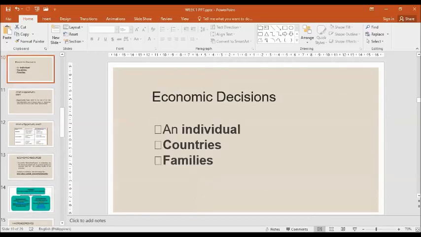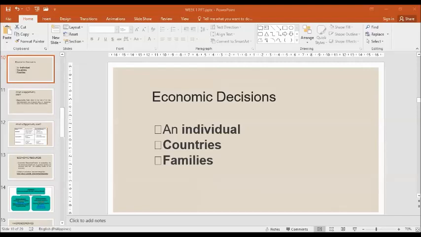So the economic decision affects the individual, the countries, and our families. An example here of economic decision, first is our individual decision.